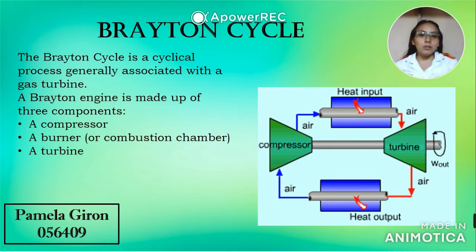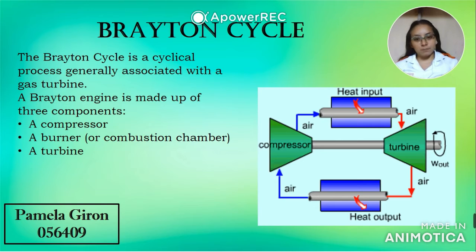Although it is a thermodynamic cycle, it is convenient to assume that the exhaust gases are recirculated into the intake, allowing the analysis as a closed system. A Brayton engine is made up of 3 components: a compressor, a burner or combustion chamber, and a turbine.